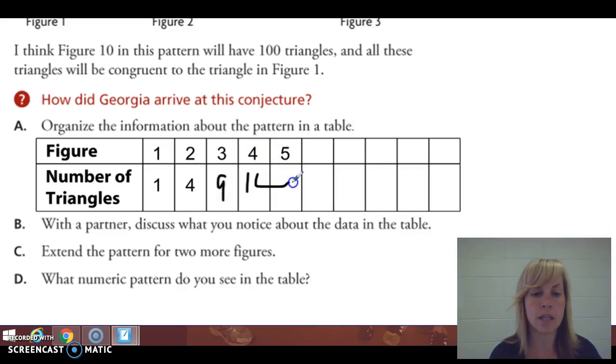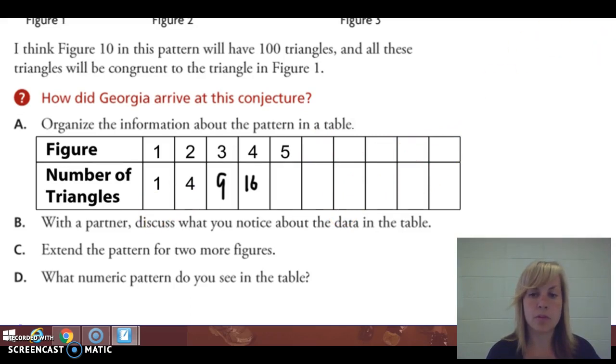It looks like every time the numbers are squaring, because 1 times 1 is 1, 2 squared is 4, 3 squared is 9, 4 squared is 16. So if we got to figure 10, 10 squared should be 100.